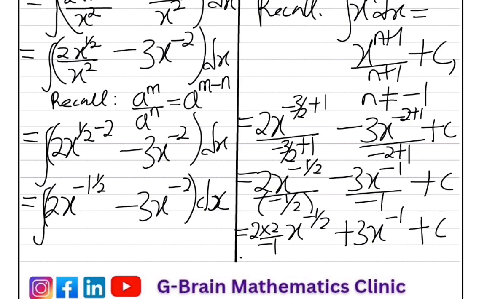So finally, this is going to be equal to what? 2 times 2, that is 4. 4 divided by minus 1, that's minus 4. So we have minus 4x raised to the power of minus half plus 3x raised to the power of minus 1, then plus c.